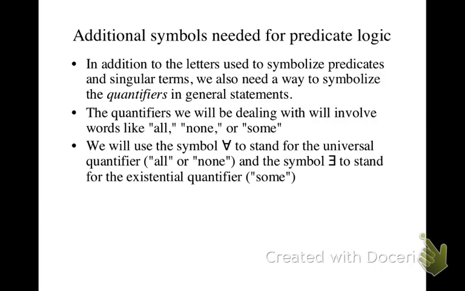We will use the symbol that looks like an upside down A, or we could just call it the universal quantifier, to stand for the universal quantifier. That's when you have the words all or the words none in a sentence. And the symbol that looks like a backwards E, the existential quantifier, stands for some.